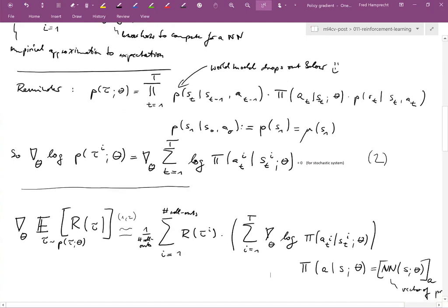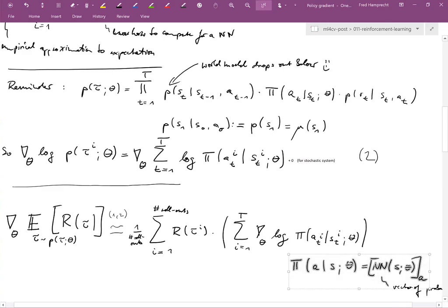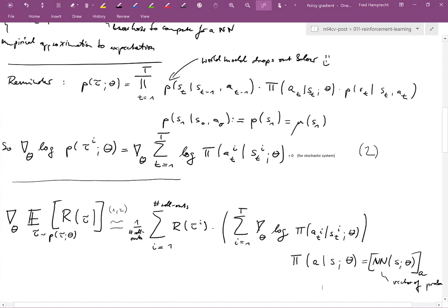So what we have is a neural network, or we can use a neural network here. It has parameters theta. It ingests a state S, and now for a given state, it needs to emit a probability distribution over actions.